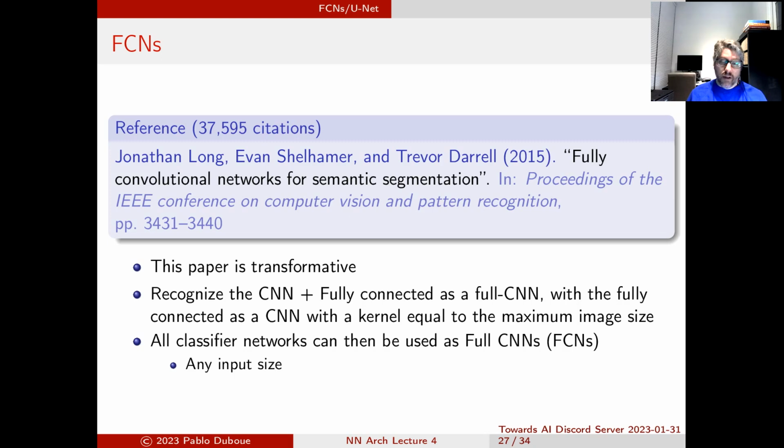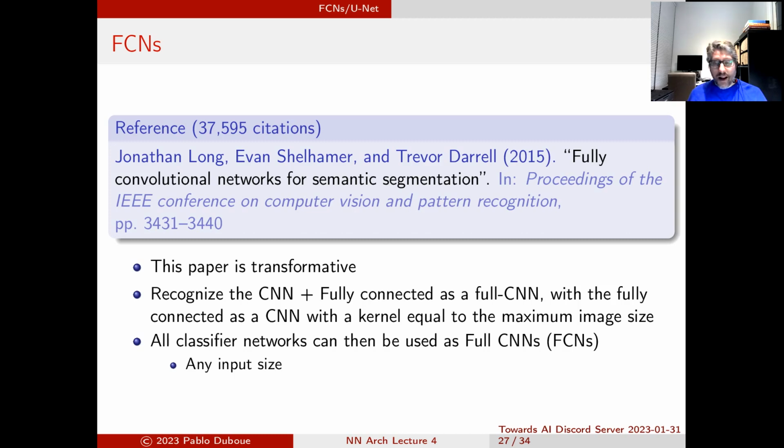The main realization is that if you have a series of CNN layers followed by a fully connected network, we can still think of that last fully connected network as a CNN, but just with a very big kernel.